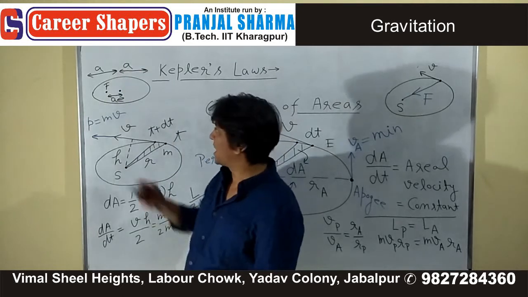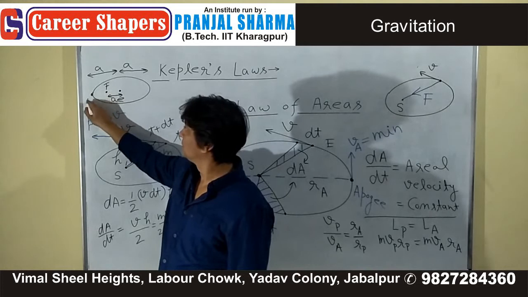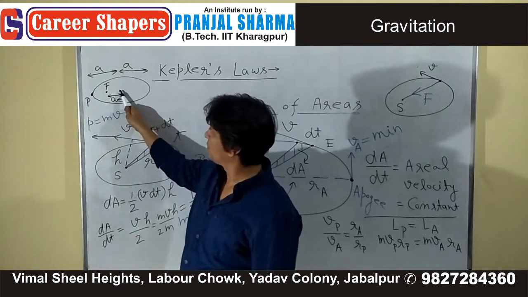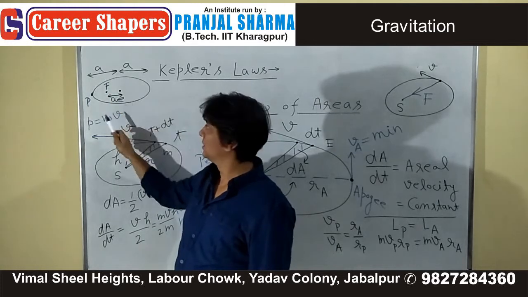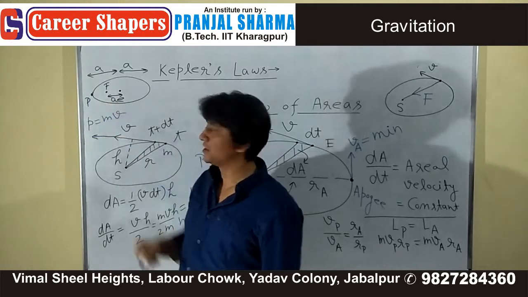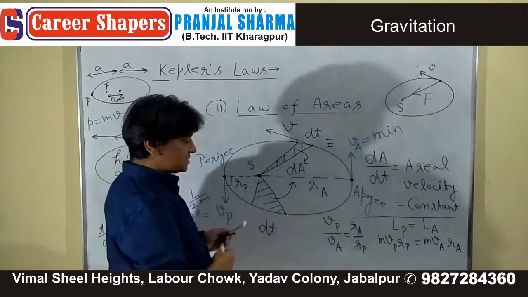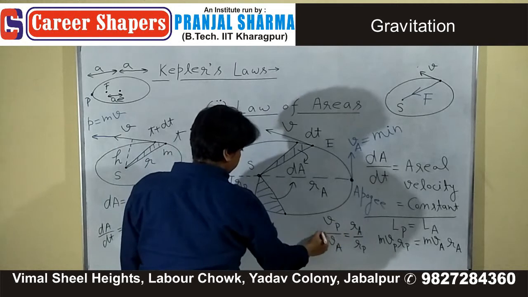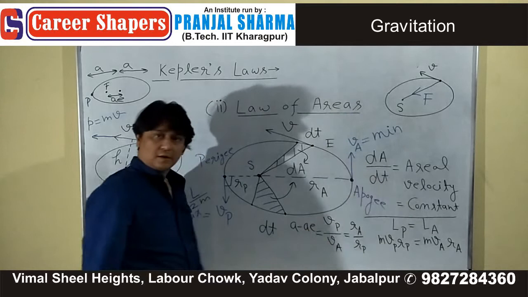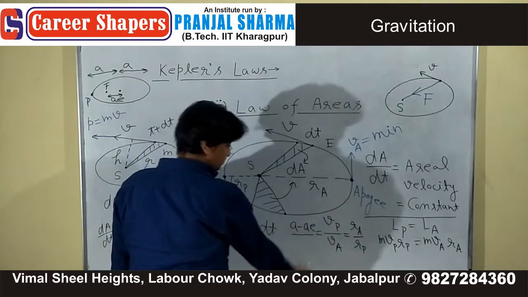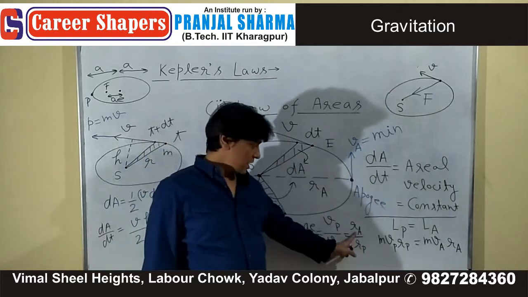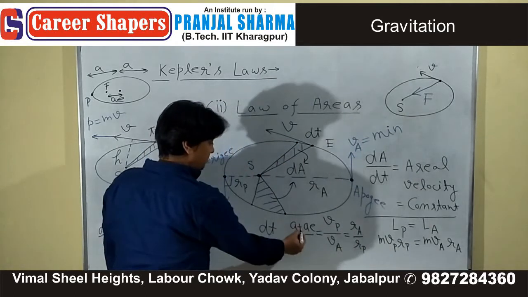When a planet is at perigee, what is its distance from the focus? From this to this, it's A. This is AE, and therefore the distance from focus to perigee is A minus AE. This RA becomes A minus AE divided by RP. Sorry, what is RA? RA is A plus AE.